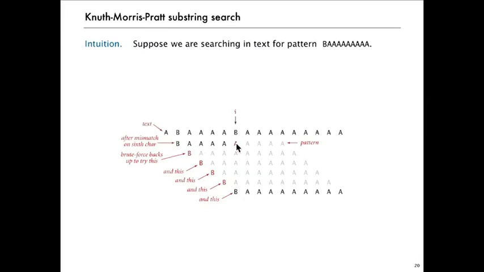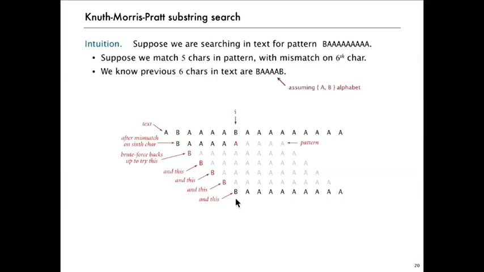So now what the brute force method is going to do is back up and move over one position, that B doesn't match the A, back up again, that B doesn't match the A, and keep going, matching the first B against all these A's before getting to the next character in the text. So we match 5 characters and we mismatch on the 6th.